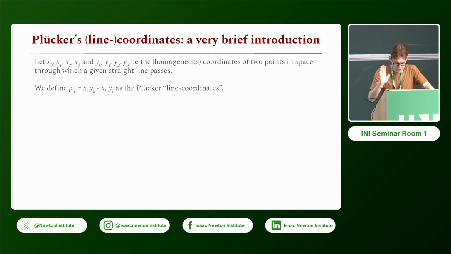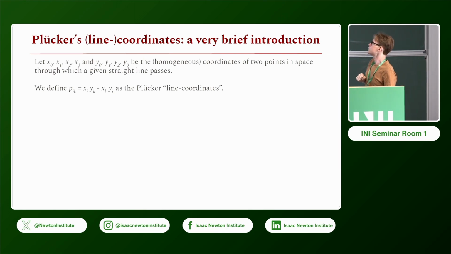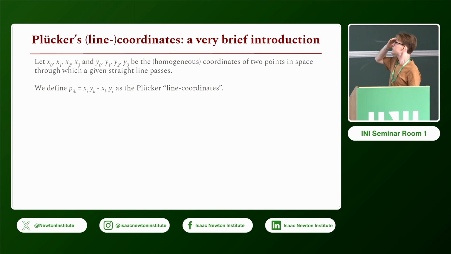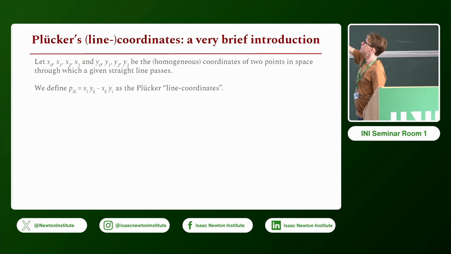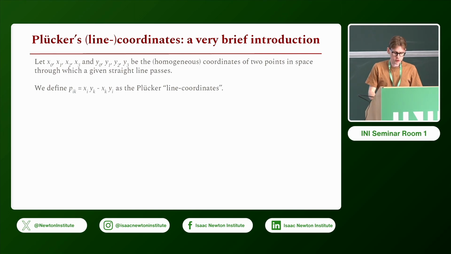So here's the very brief rundown of how it works. Suppose that you have 2 points in space whose homogeneous coordinates are the x_i's and the y_i's. So homogeneous coordinates, you need one more than with Cartesian coordinates. And so consider the straight line that passes through both points, and form the cross product x_i y_k minus x_k y_i. Those numbers are the line coordinates.